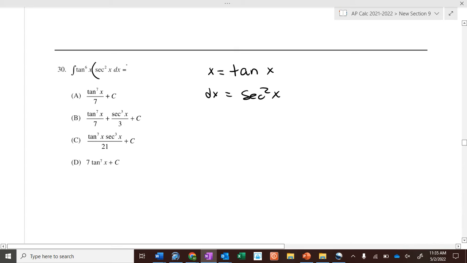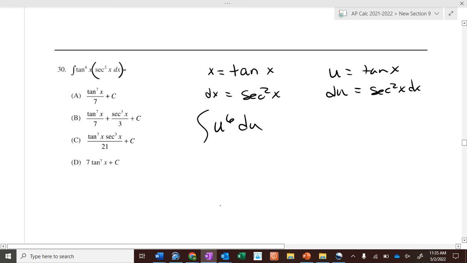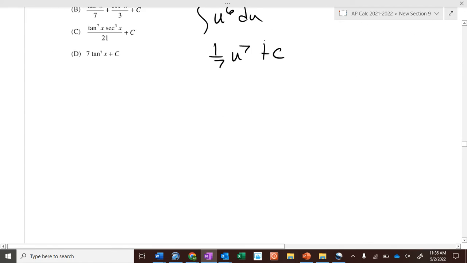So we have secant squared of x dx. So if u equals tangent of x, what's du? Secant squared of x dx. So we have u to the 6th du, right? Well, what's the integral of u to the 6th du? 1/7 u to the 7th plus c. What's your choice? A. I can do that one.